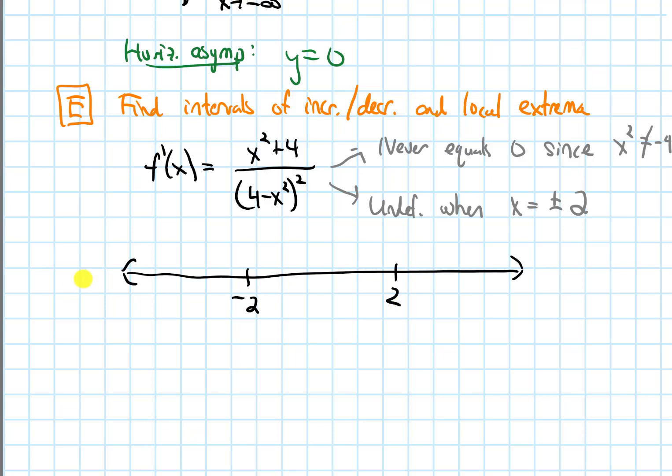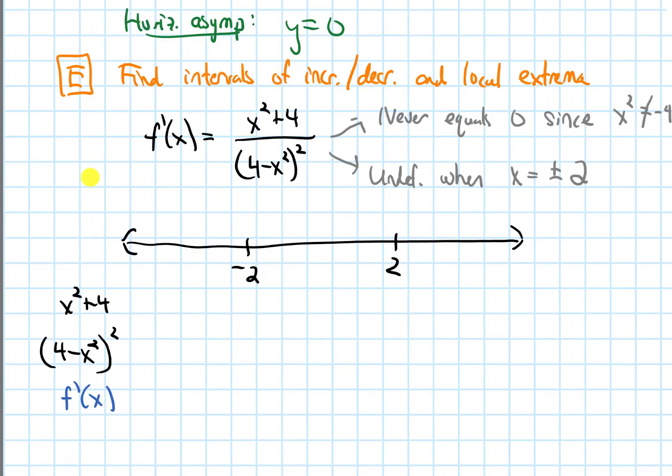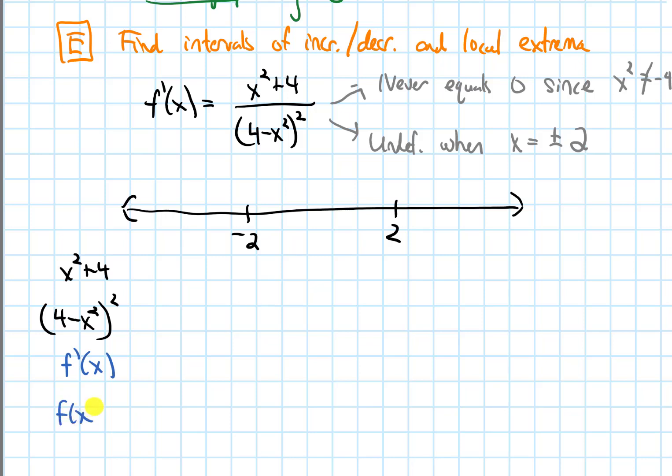And then I start to make my sign chart. So I'll put all the factors of my derivative as rows. I'll have x squared plus 4, and then the whole denominator, 4 minus x squared, quantity squared, and then I can combine them to get the sign of my derivative and write down what that tells me about the original function, f of x.